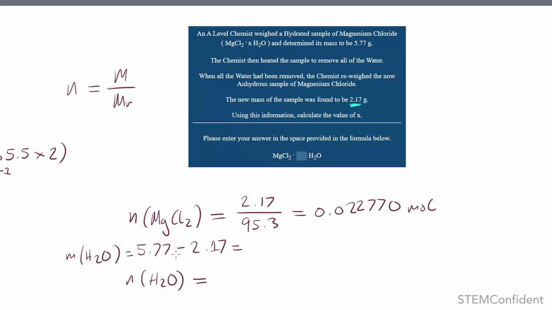Because if you've got the compound with the H2O in it, and you get the anhydrous sample, it's just a sample without H2O, so the difference is going to be what is made up by the H2O. So you get here 3.6 grams.